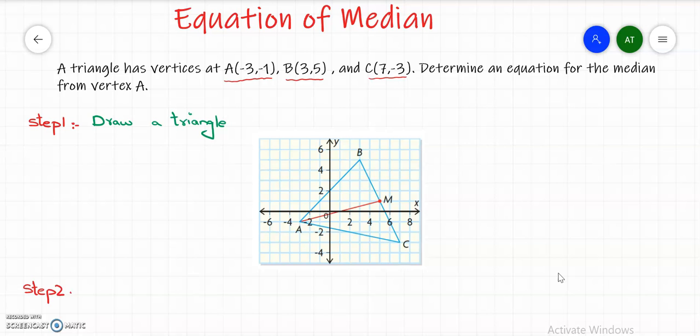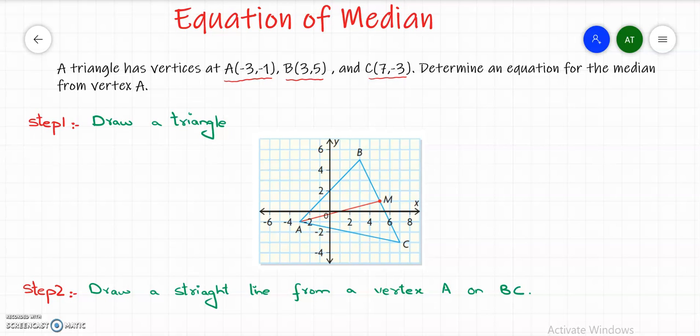In step 2, we have to draw a straight line from vertex A on BC.